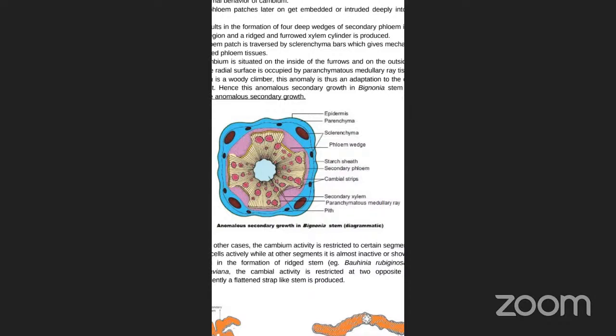Here each cambium ring produces xylem and conjunctive tissue.